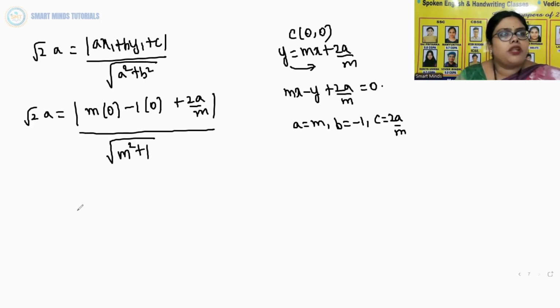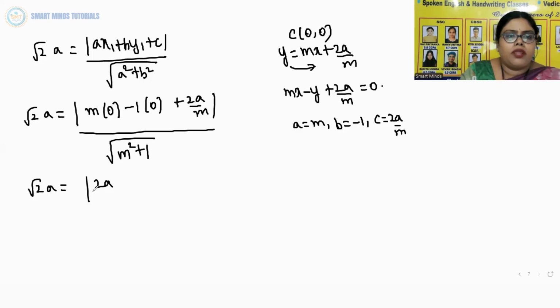You understood what did I do over here? In the place of a, b, c, I substituted a as m, b as minus 1 and c as 2a by m. And in the place of x1 and y1, we substituted 0 comma 0. So we get root 2a is equal to mod 2a by m by root over m square plus 1.